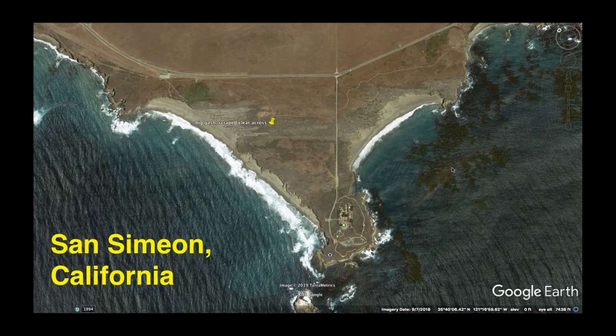So this type of deal in San Simeon, California, and along a significant portion of the California coast, or at least what I've glanced at, there's some strange stuff going on with the coastlines.